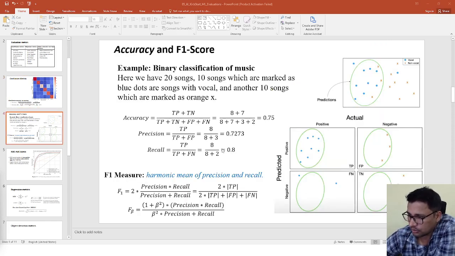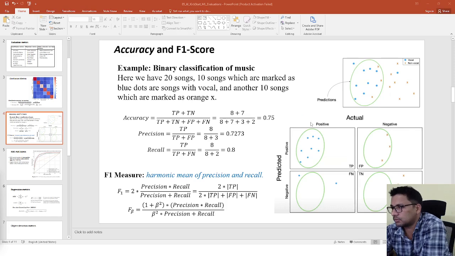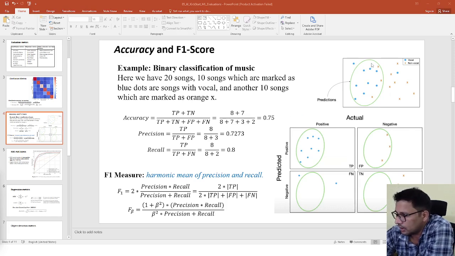So let's discuss more about precision and recall with one example. This is one example where the model is going to classify two kinds of samples. One is the blue dots, which are the vocal music, and the orange crosses, these are the non-vocal music, right?